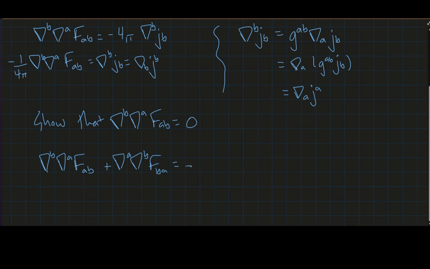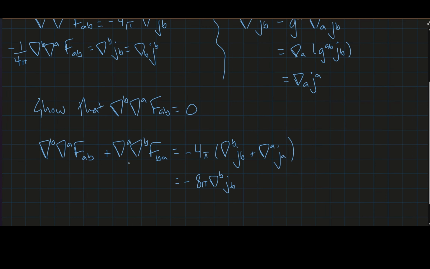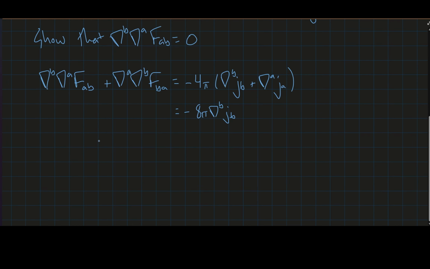And this is going to equal minus 4 pi times nabla_B J^B plus nabla_A J^A. We'll say those are just going to add together and be the same thing though. So we get equals minus 8 pi nabla_B J^B. And so showing that this is equal to 0 is just as good.